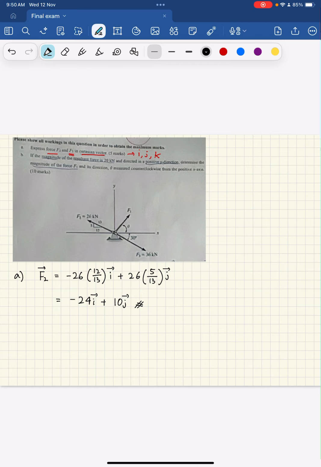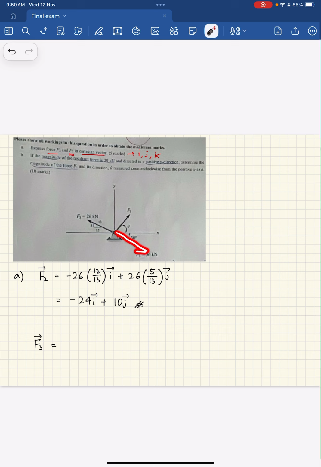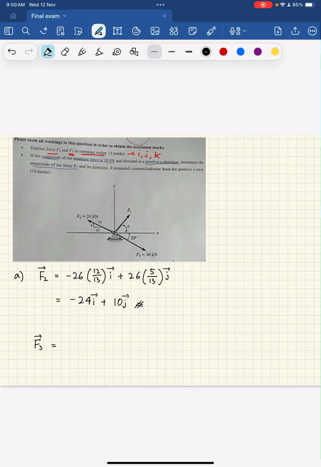Now for F3, similarly. If we resolve the vector into its x and y components, the x is clearly positive, the y is clearly negative. So the x component is 36 cos 30 I minus 36 sine 30 j.